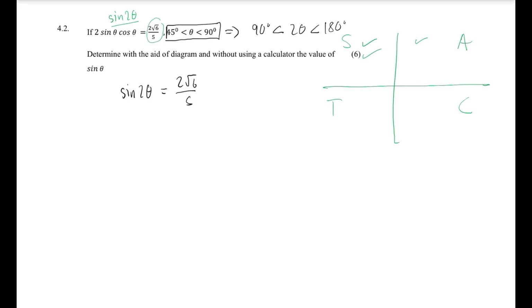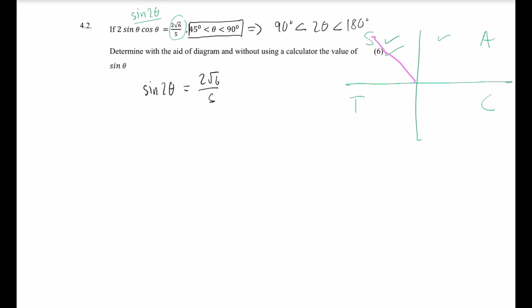So now I can conclude that my 2 theta is in fact in the second quadrant, because on that first condition of positivity, I was getting 2 quadrants, either the first or the second, but this second bit of information confirms that it's indeed the second quadrant.